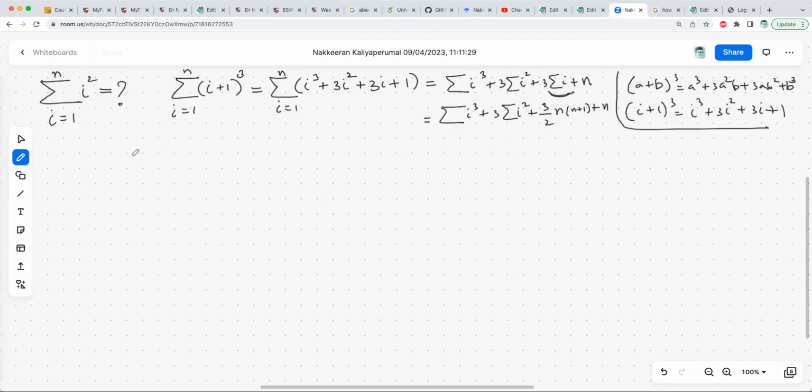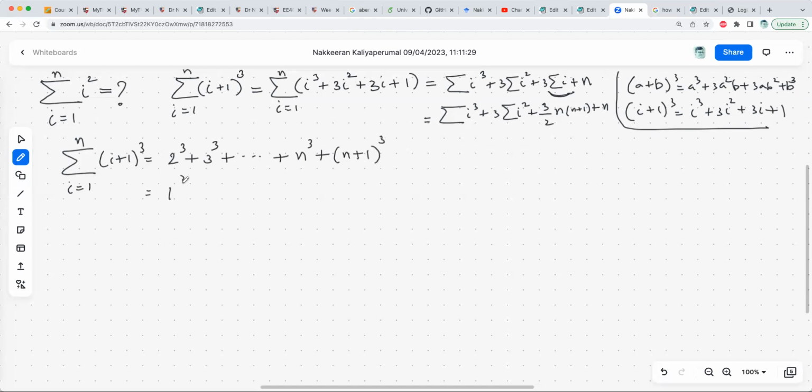Okay. So on the other side, what we need to do is the same way. When we start this, expand it and you will get the idea of what is to be done. So this will be the summation of (i plus 1) whole cubed. This can be written as starting value 2 cubed plus 3 cubed plus up to n cubed plus (n plus 1) whole cubed.